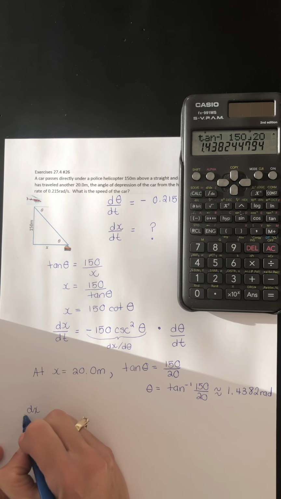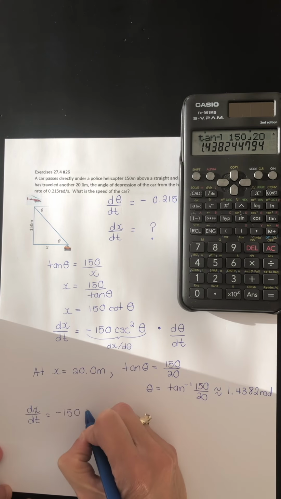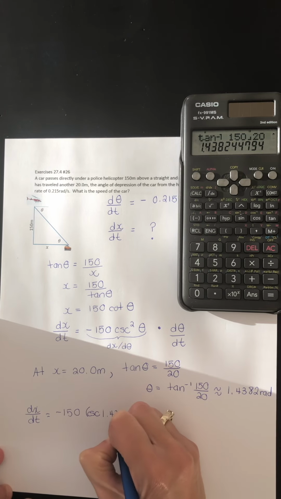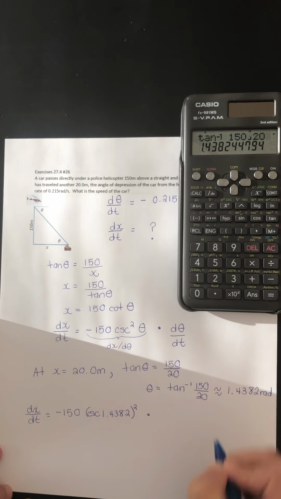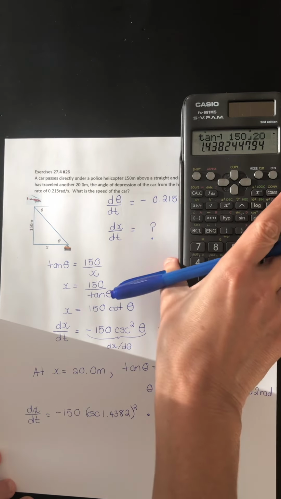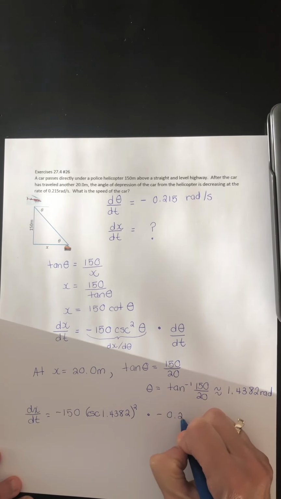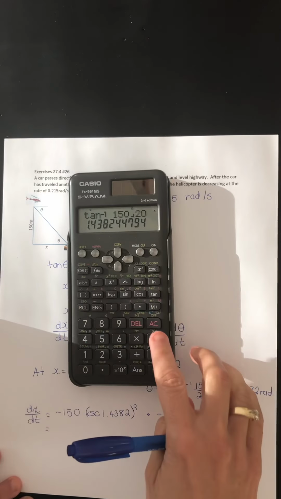So dx by dt is negative 150 times the cosecant squared, in other words, times the cosecant of 1.4382 radians squared, times d theta by dt, negative 0.215.